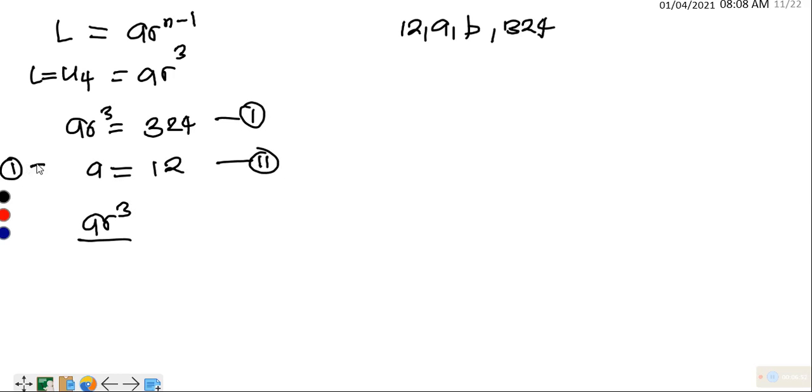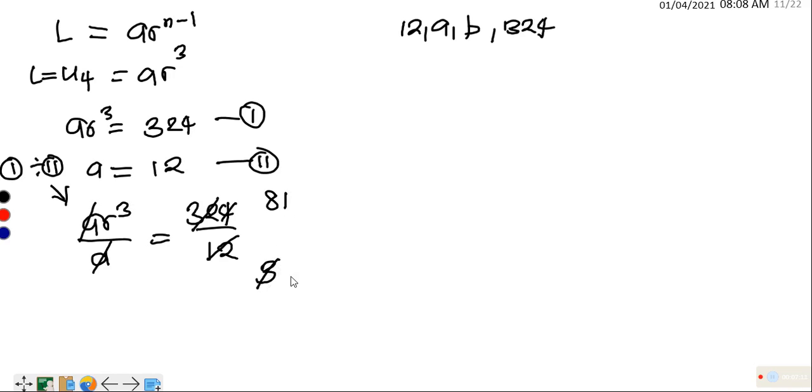So 1 divided by 2 will give us AR cubed over A equals 324 over 12. So A goes into A here. 12 into 324 gives 27.